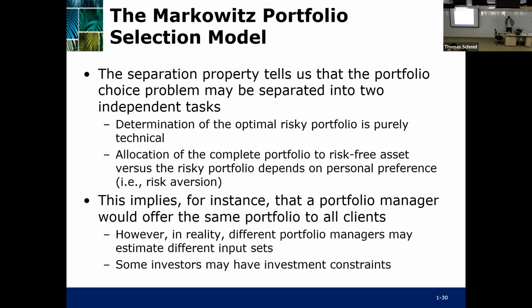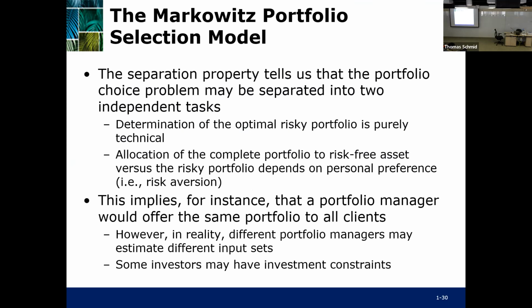The nice thing about the Markowitz model is really that it offers us a very clear conceptual way to think about this optimization problem. And in a theory world where we don't have to estimate things, where we know the correlation structure or we just assume a correlation structure, this is a very nice model.